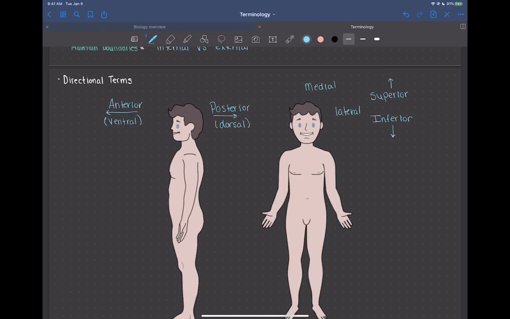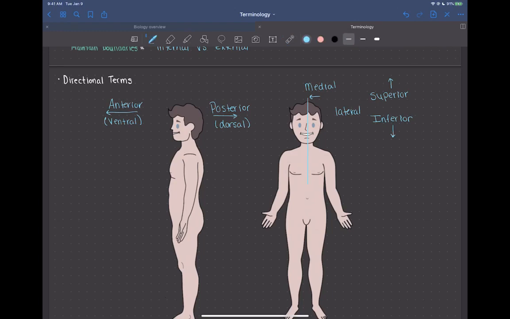Okay, so medial is going to mean towards the midline. If we drew a little line down the middle of our guy here, medial refers to closer to the middle. So you could say that the nose is medial to the eye, and that would be correct.